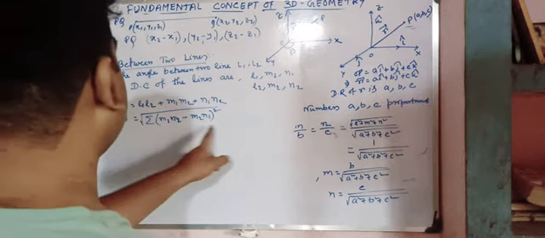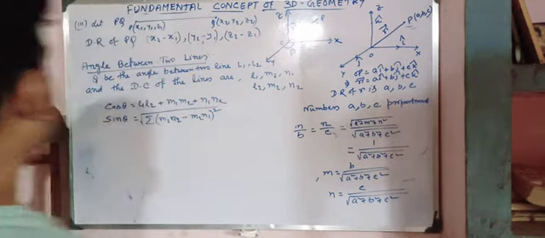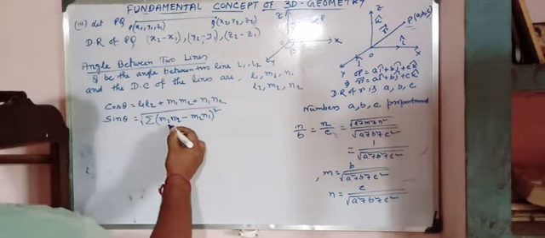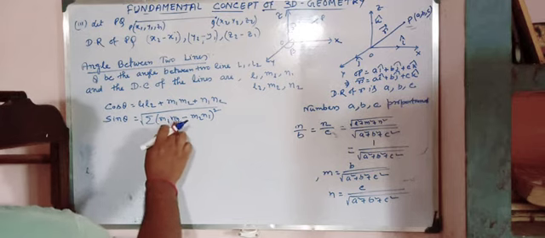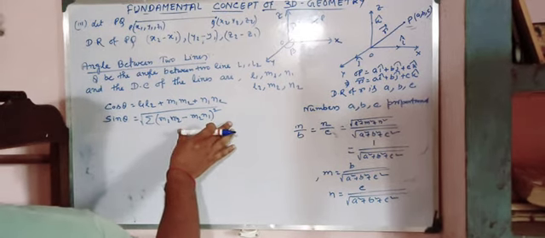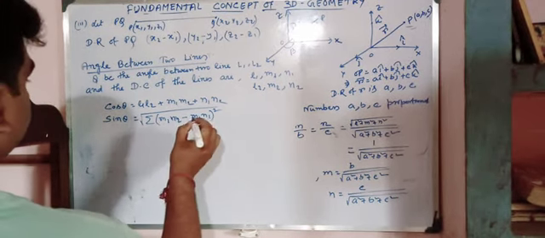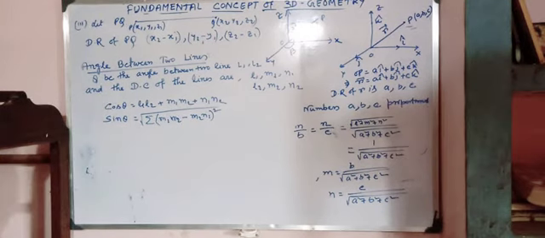The next term should be l1 n2 minus l2 n1, and the third term should be l1 m2 minus l2 m1.